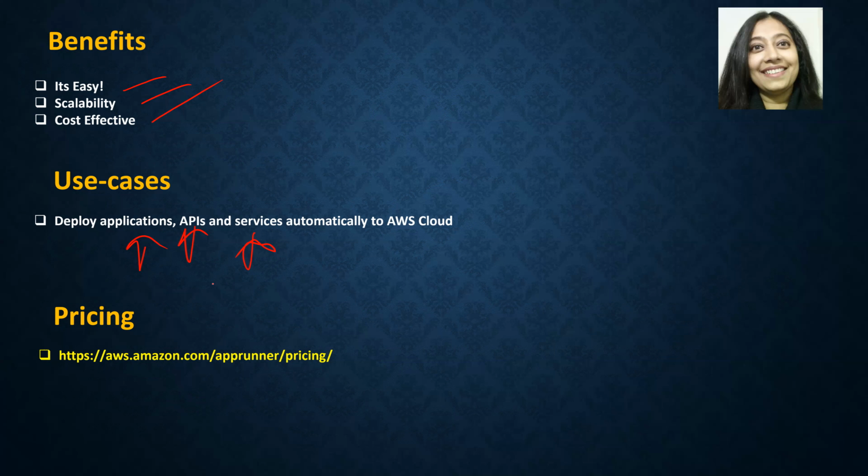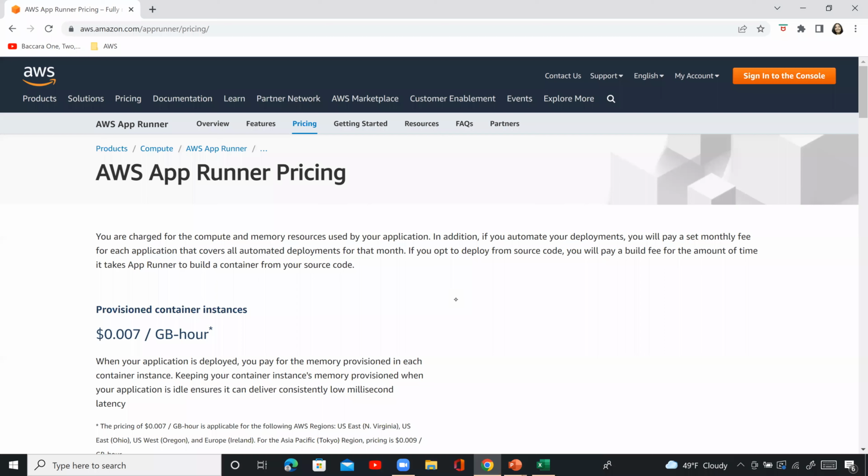Talking about cost, that's a perfect segue for us to get into pricing. This is a URL that has pricing for this particular service. I actually have it open right here. So let us look at how AWS App Runner pricing works. What are you charged for? You are charged for the compute and the memory resources used by your application.